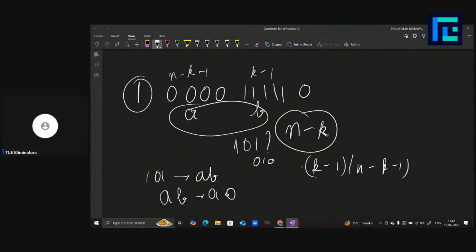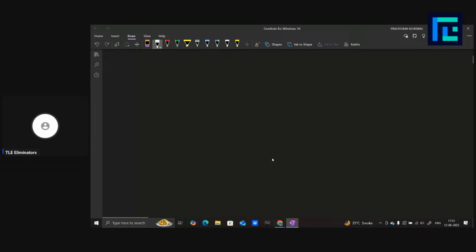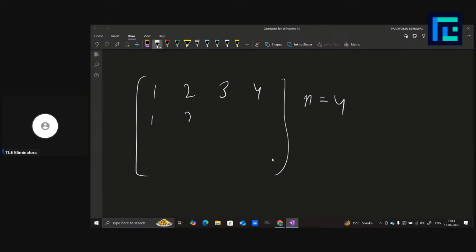Okay, so what they are saying is that we have a matrix of size n by n. Let's say n is equal to 4 for now. In this case, the matrix looks like 1 2 3 4, then 1 2 3 4, 1 2 3 4, 1 2 3 4. This is the matrix initially.